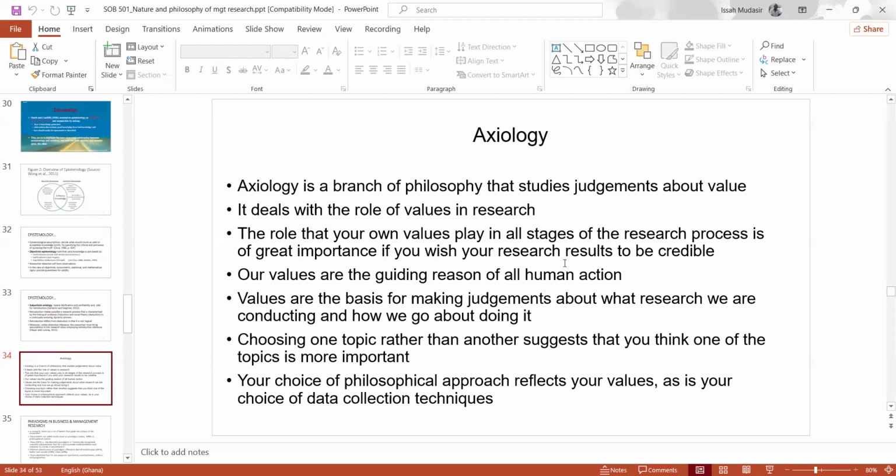Research is full of values. Research is influenced by values, perceptions. Okay, so those are the fine lines that you need to take into consideration when you are discussing research philosophies. The philosophical underpinnings, the philosophical assumptions give birth to the philosophical thoughts, or what we call the philosophical schools.